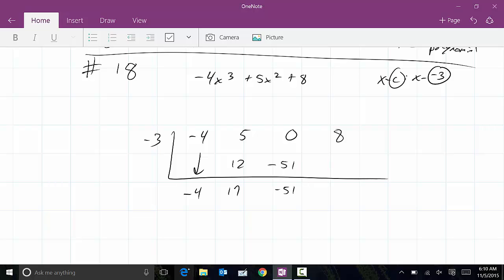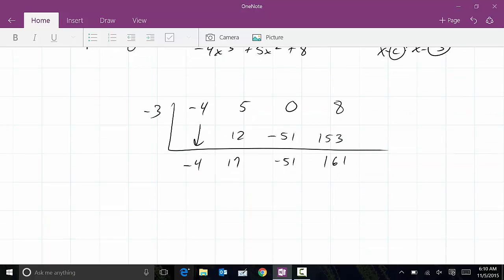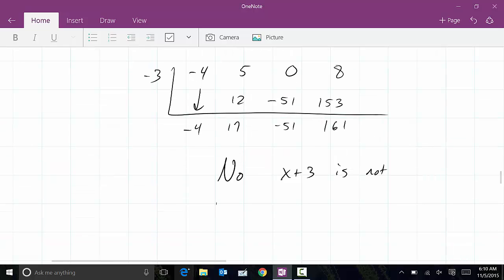Add down, which is negative 51, multiply, that's going to be positive 153. And when I add down, that's going to be 161. So this is absolutely not 0. It's a pretty big value if you're looking for 0. So the answer is no. X plus 3 is not a factor of negative 4x cubed plus 5x squared plus 8.